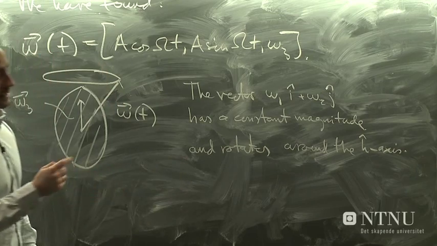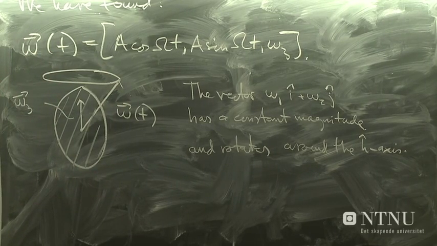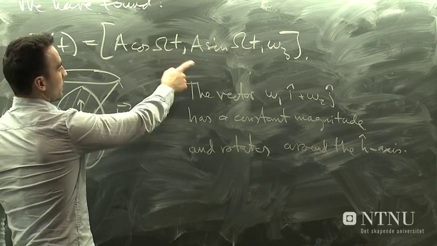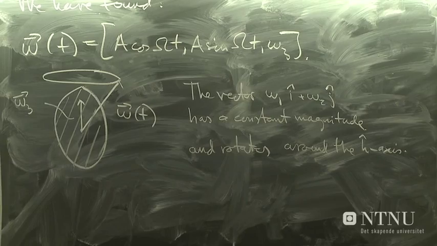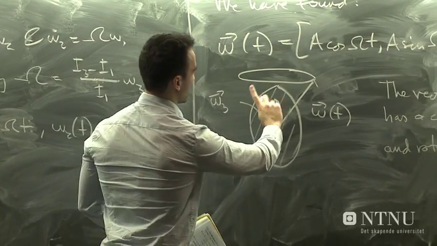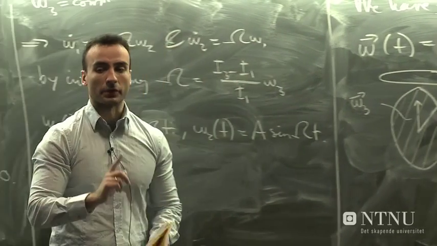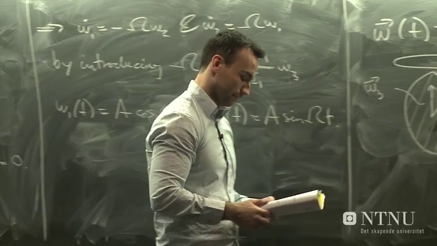So I've just used i, j, and k for the unit vectors along the 1, 2, 3 axes. So this vector here has a constant magnitude, since cosine squared plus sine squared is constant, and rotates around the system's axis number 3, or the z-axis, if you will.